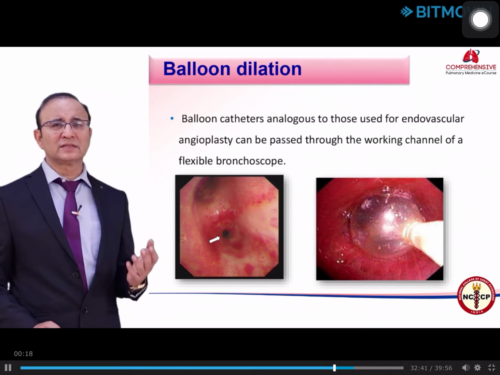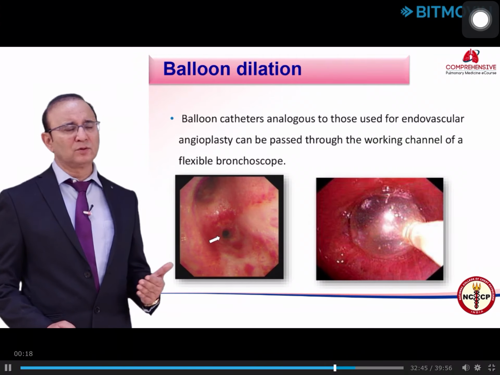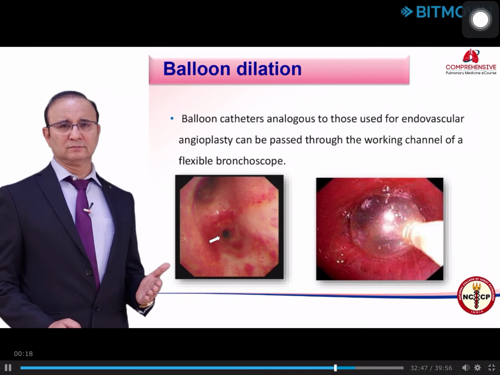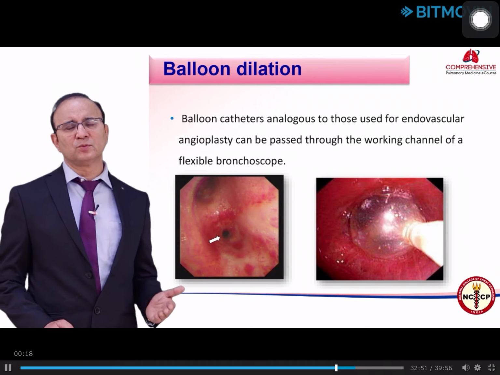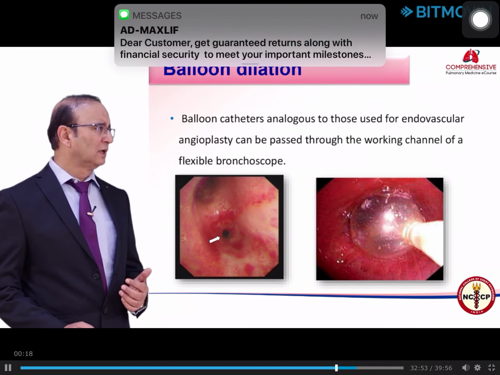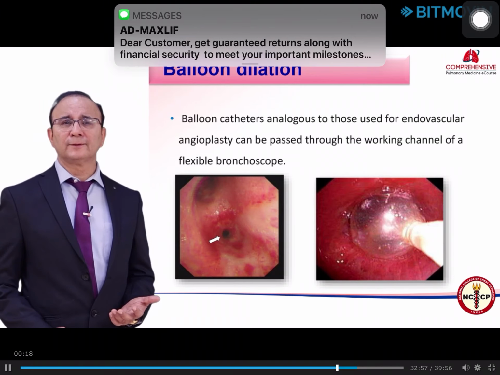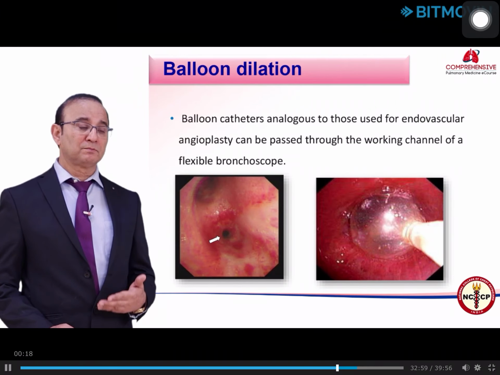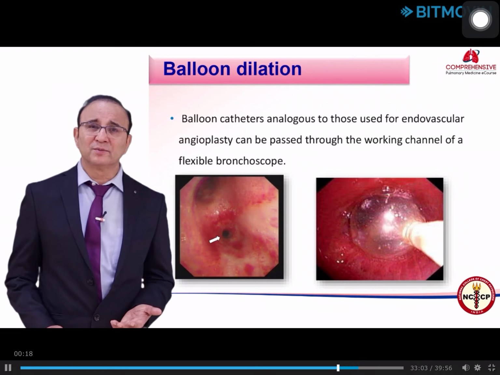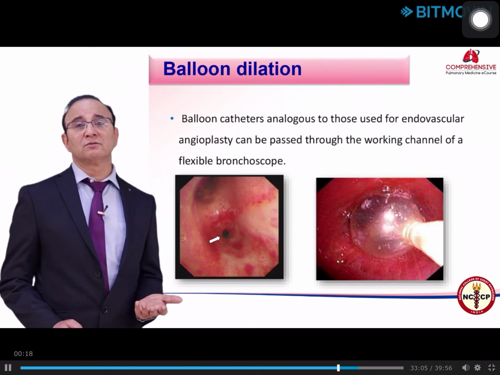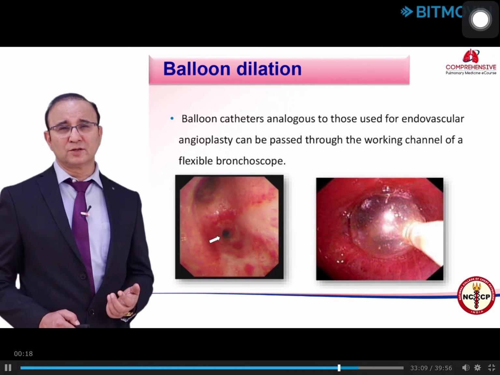You pass it through the working channel and the balloon is inflated under direct visualization, and you do a serial dilatation from a smaller balloon to a larger balloon to achieve the best result. One can know the length of the stenosis before doing all this, either by reconstruction imaging through CT, or you can use an ultra thin bronchoscope to find out the length of the stenotic segment.